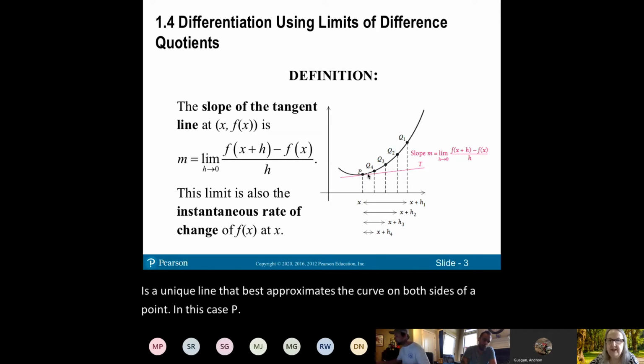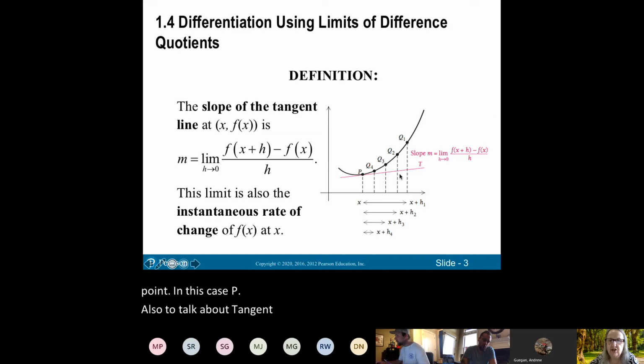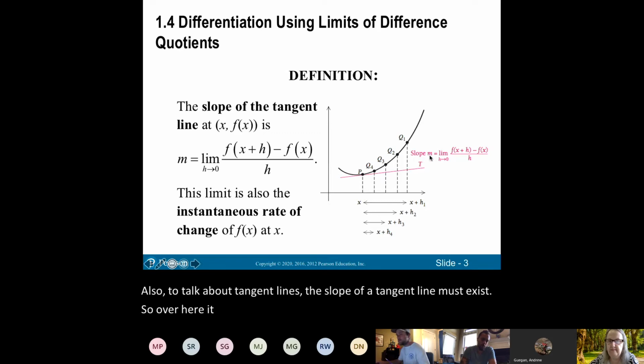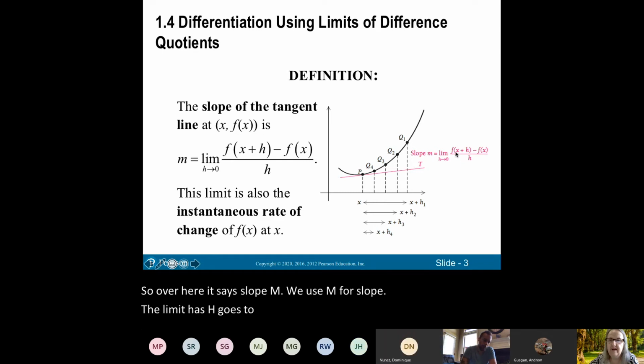Also, to talk about tangent lines, the slope of a tangent line must exist. So over here it says slope M, we use M for slope, equals the limit as h goes to 0 of this difference quotient.